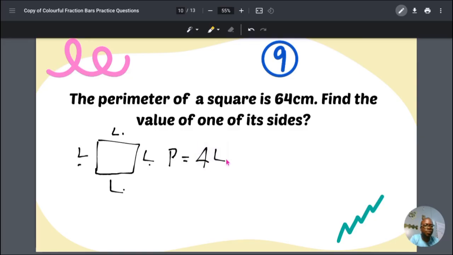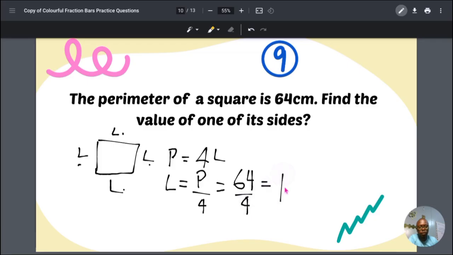That's 4 times whatever the length is. So to get one of the sides, length here also means side, I have to divide the perimeter by 4 to get exactly what one of them is. The perimeter is 64 and I divide that by 4.